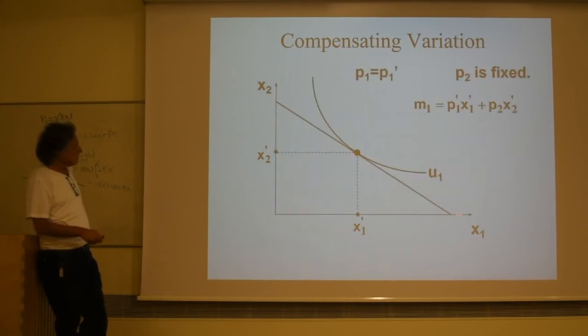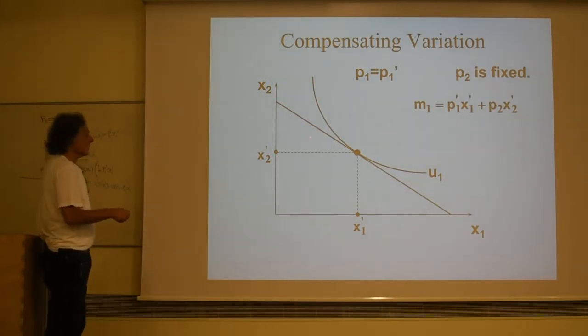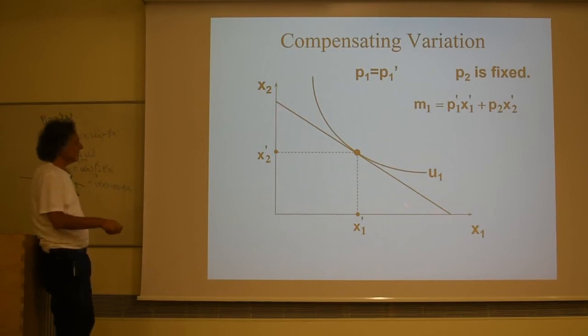So this was the original demand. How do you solve the optimal bundle? You look at the original budget constraint, and this is the quasi-utility, and the budget should be tangent to the utility at one point.